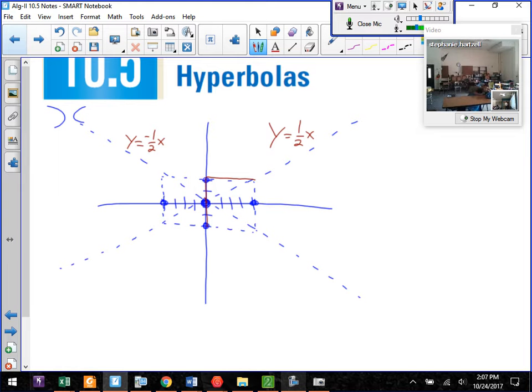So not only will we label, like we did yesterday with ellipses, vertex, co-vertex, and foci, now we'll also have asymptotes. But it's nothing more than counting your slope from the center, up and over. That's the main reason we draw this box, because it allows us to see our slope, rise over run. Not bad?